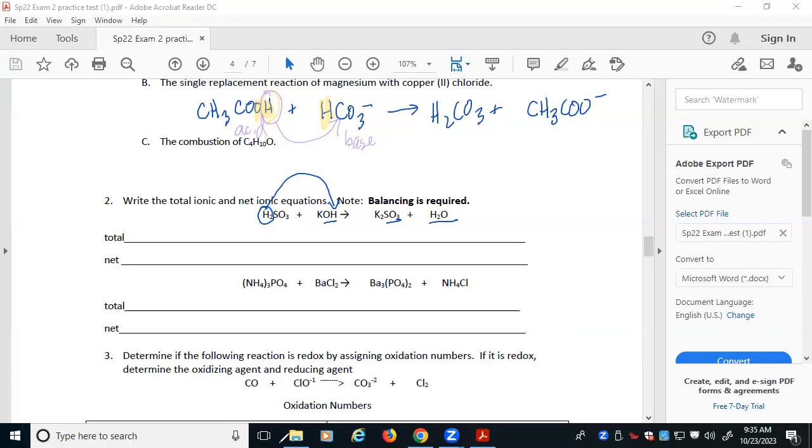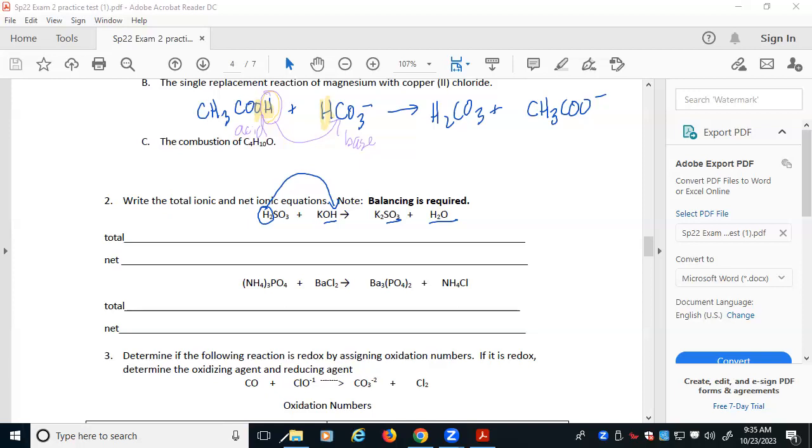Yeah, water actually is something called amphiprotic. It can act as acid or base depending upon the situation. So what you have to watch out for is if you're looking at a reaction that has water in it, look at the products. Do you see hydroxide on the other side?